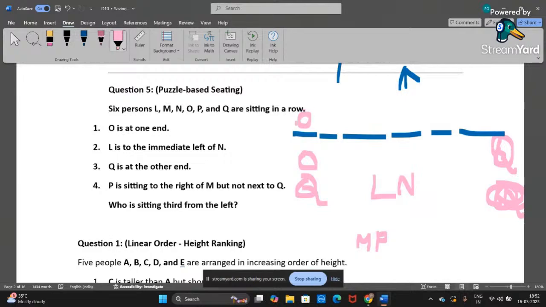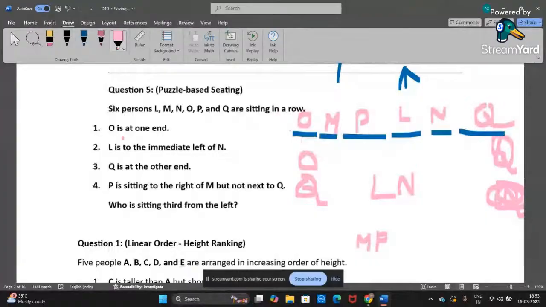Let us imagine at this side it is O. P is sitting to the right of M. So this will be L and M, but not next to Q. Here there is no Q, so Q will be somewhere here.